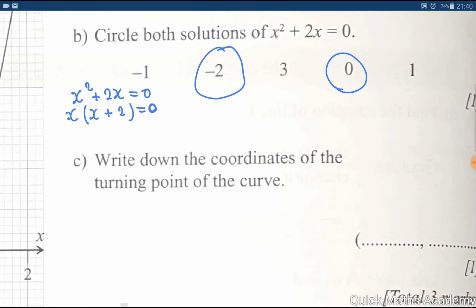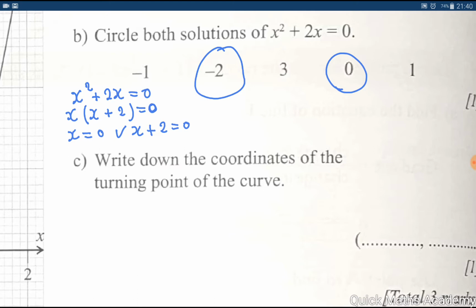For this to be 0, one of two things must happen: either x is 0 or x plus 2 is 0.